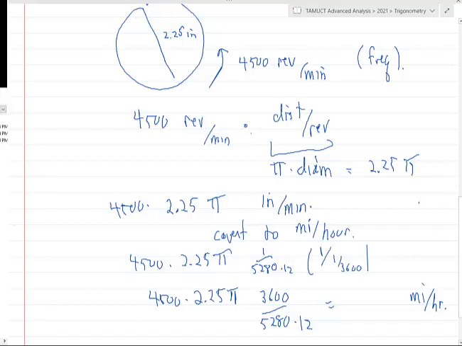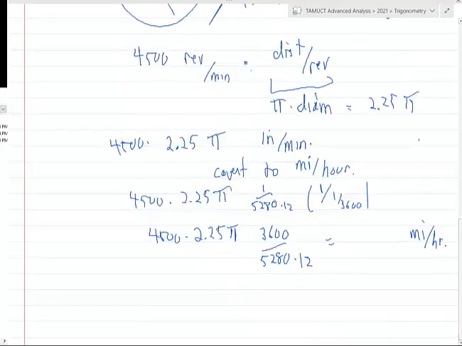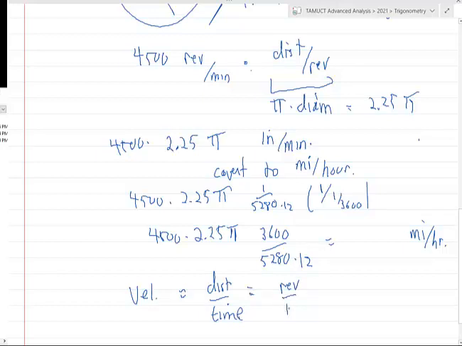If you think about how I got this result, the velocity is equal to distance per time, which is equal to revolutions per time times the distance per revolution.